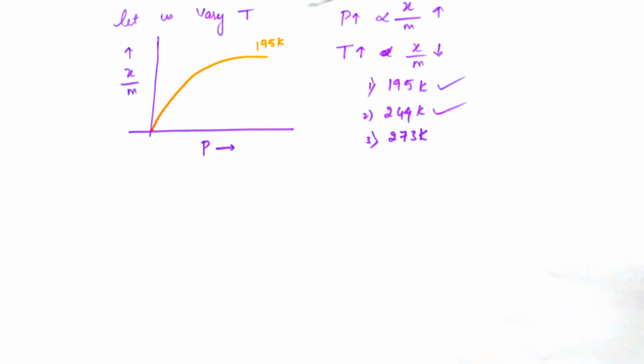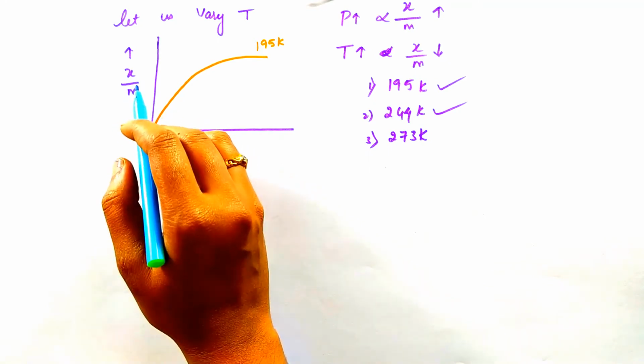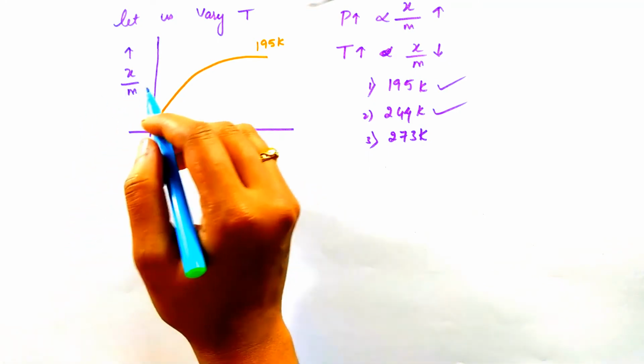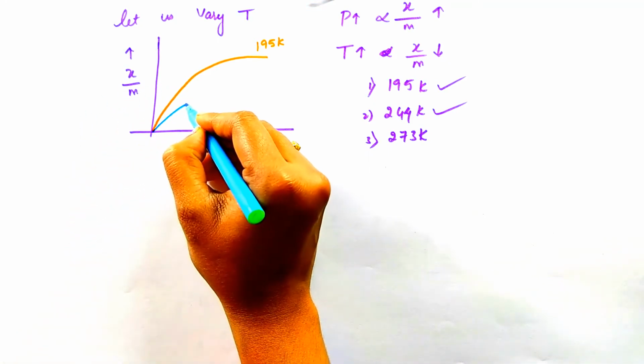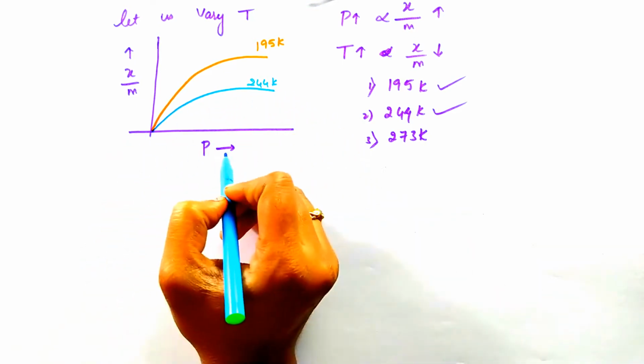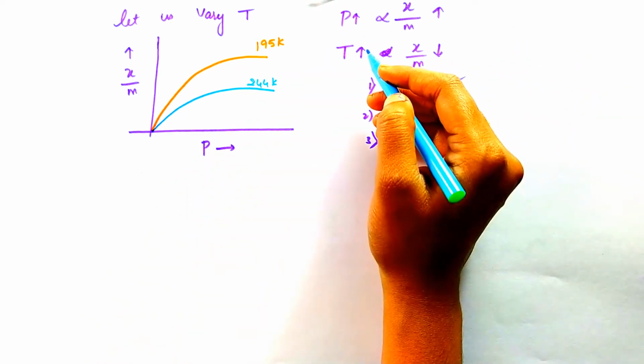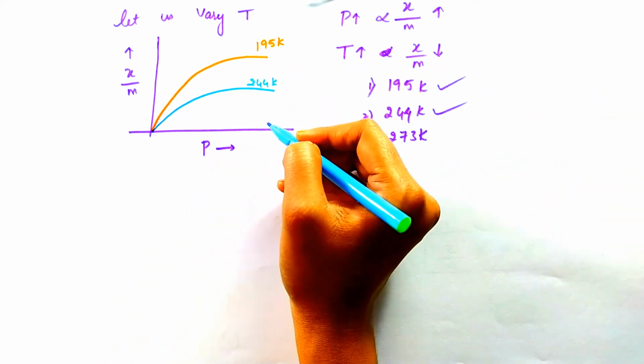At 244 Kelvin, the adsorption decreases. Therefore, the graph will be like this. As the pressure increases, adsorption increases, but as the temperature increases, adsorption decreases.